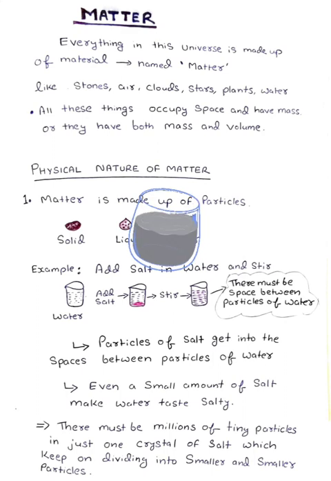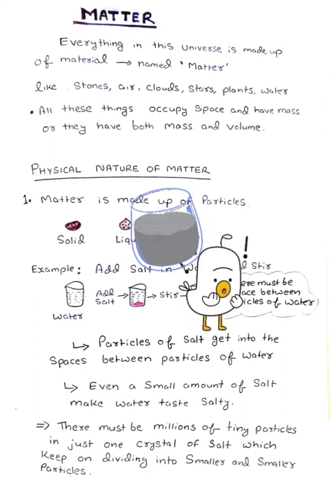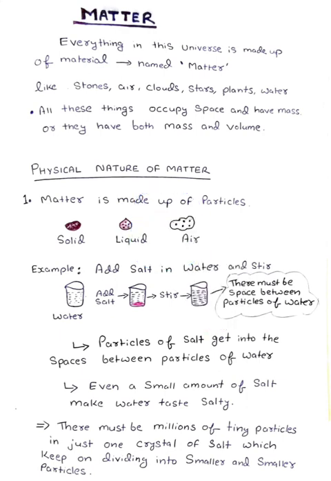And I can ask you where the salt goes. Then you may tell that salt is dissolved in water, but salt has occupied the space between the particles of the water. There must be a space between the particles of the water where the salt occupies the space. This shows that particles of the salt get into the spaces between the particles of the water.